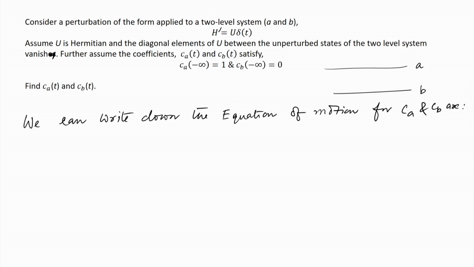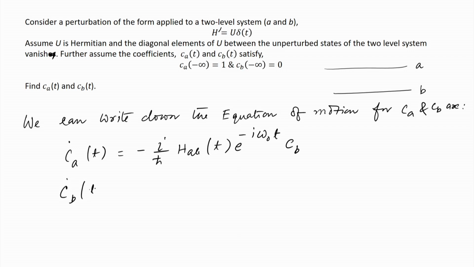The equations of motion are C A dot of t, which come from the time dependent Schrodinger equation, equal to minus i by h cross h a b of t exponential minus i omega naught t C b of t, and also C b dot of t equal to minus i by h cross and then the Hermitian conjugate of the above term.